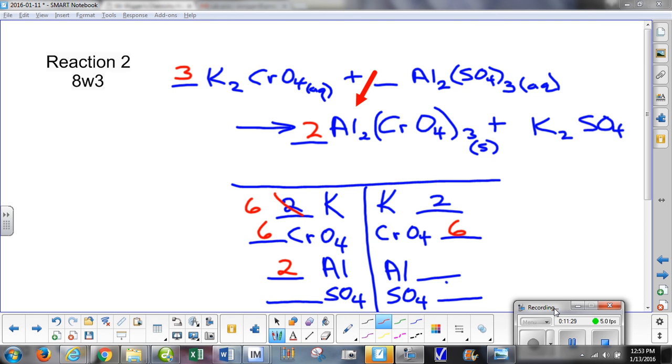I have to cross that out, and let's see how I can get 4 aluminums on the left side. I'm going to multiply by 2, I sure am. So we get a 2 there. And now I have 4 aluminums on the right, but I just changed the number of sulfates, didn't I? And to change the number of sulfates, I've got to go to the coefficient of potassium sulfate, and to get, oh wait.